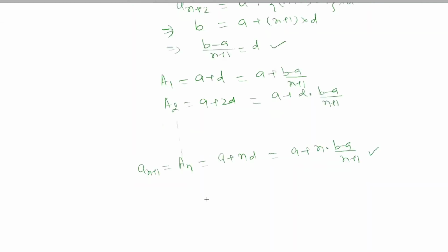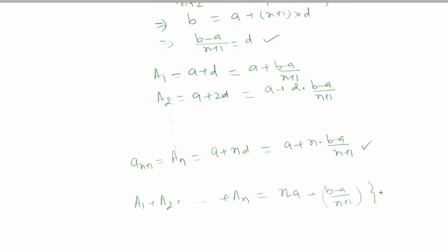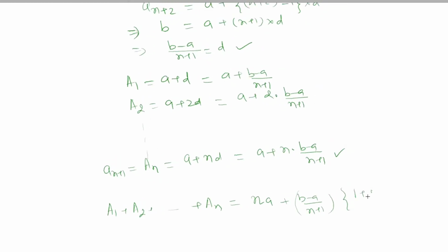If you sum up A1 plus A2 up to AN, you will get n times A, that is nA. On the other side, (B minus A) upon (n plus 1) is common, and what remains is the sequence 1 plus 2 plus 3 up to n.